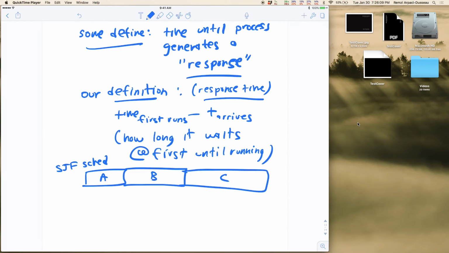But the real responsiveness of the system actually isn't that great because A runs right away, but B has to wait a long time, and C has to wait a really long time before it runs at all. So this is B's response time, and then this is the response time of C.